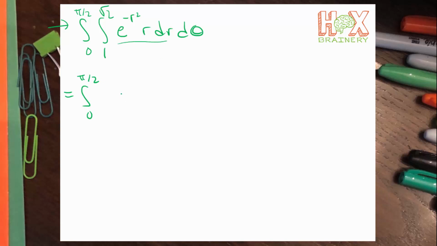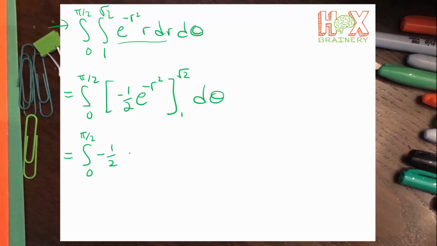When I integrate this, that gave me negative 1/2 e to the negative r squared, and we're going from 1 to square root 2, and you still have a d theta. Then we have to plug in the upper limit, square root 2, minus plug in the lower limit 1.